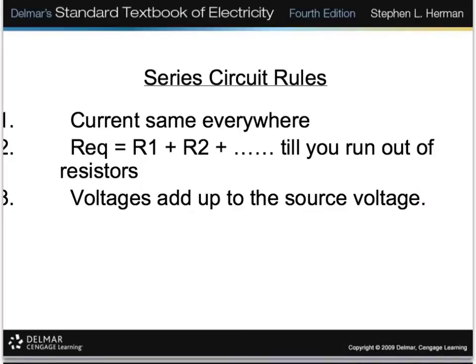So just a guideline, in a series circuit, your current is the same everywhere. So no matter what, you have the same current through each resistor. Your equivalent resistance, this is what we did before in our practice problems, is the sum of all the resistors, and our voltages will add up to the voltage source.